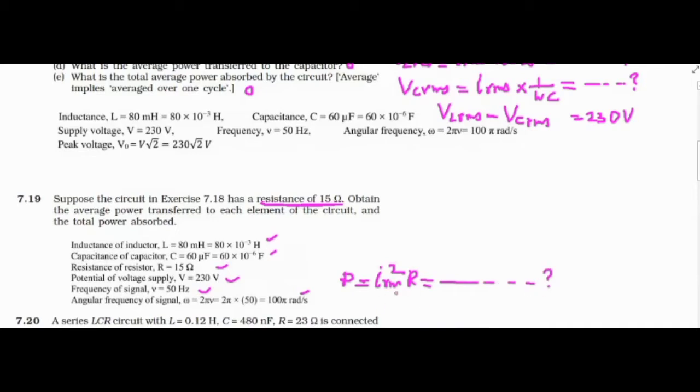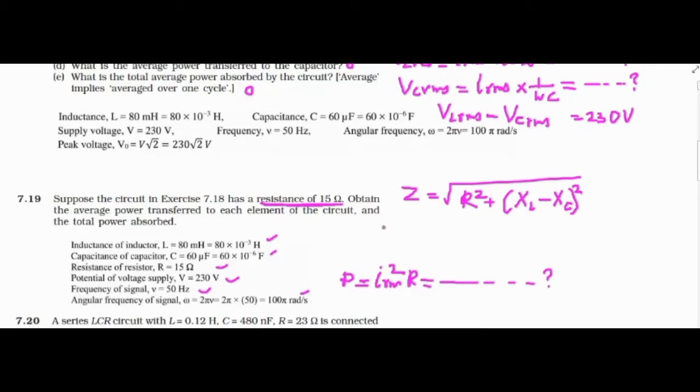But the problem is, you don't know the value of IRMS. So how do you calculate IRMS? First, you have to take Z is equal to under root R square plus XL minus XC the whole square. Again, you need not worry which one will be bigger, XL or XC, because we are taking the square here.